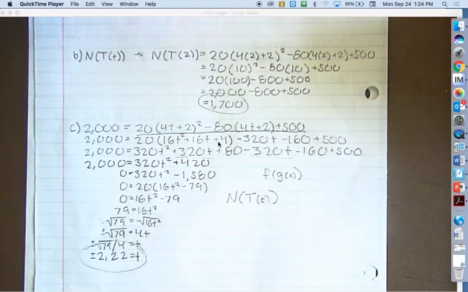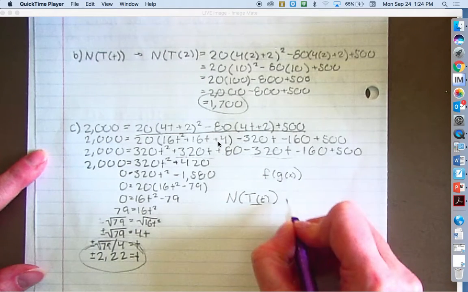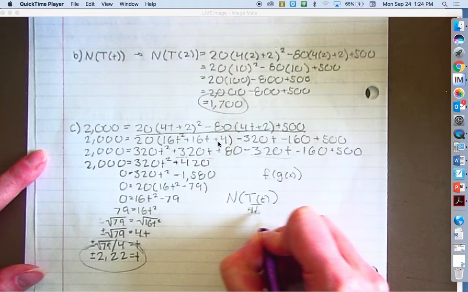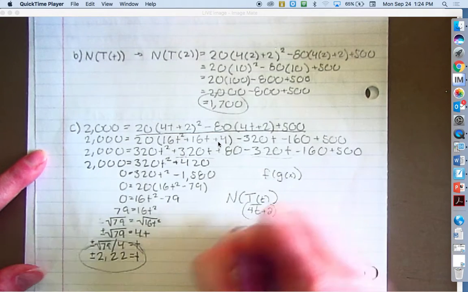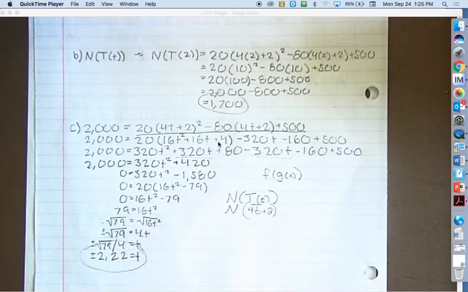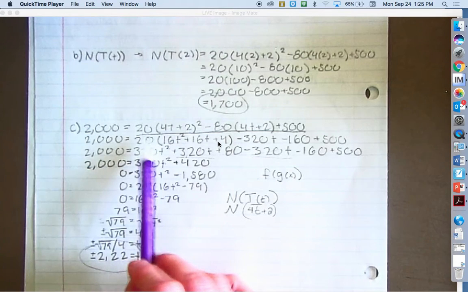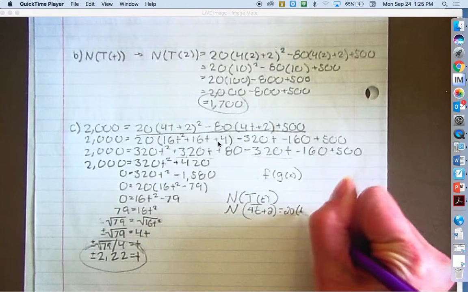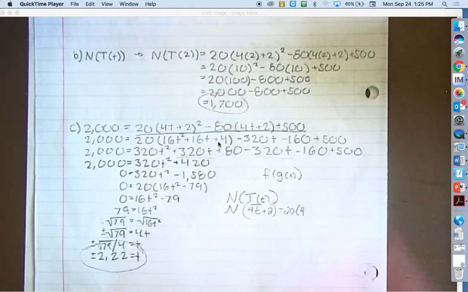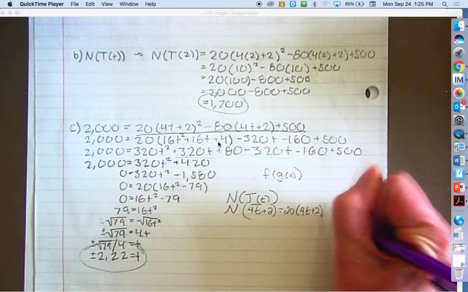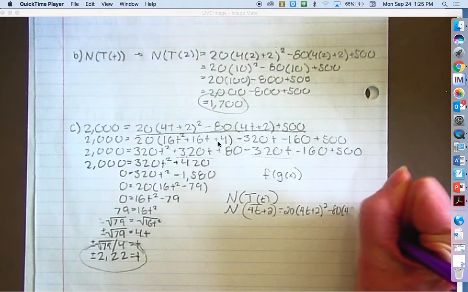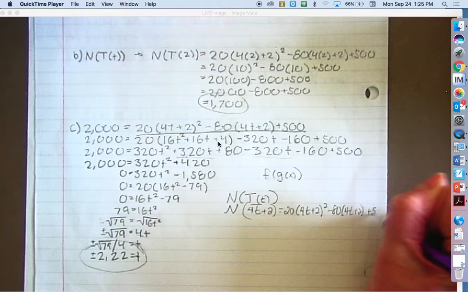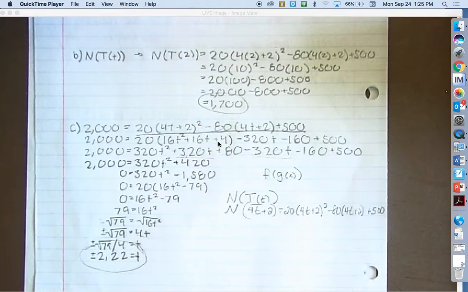So if you take the time-temperature function, that is the 4t plus 2, you're plugging that in for uppercase T in the number of bacteria function, which is exactly what she has right here. So you have the 20 times 4t plus 2, minus 80 times 4t plus 2, and then plus 500. That's the composite function part.